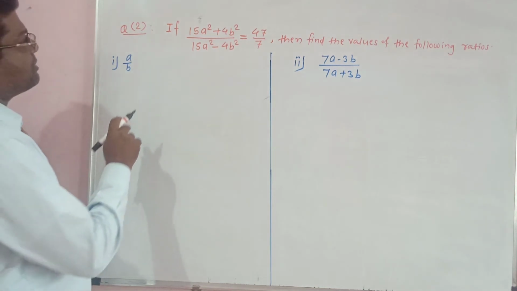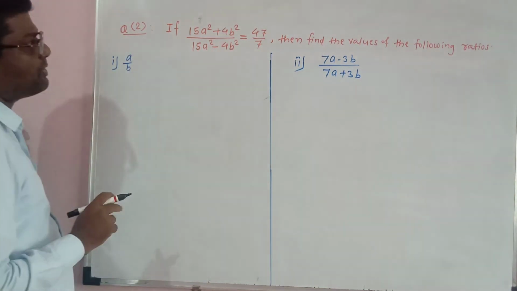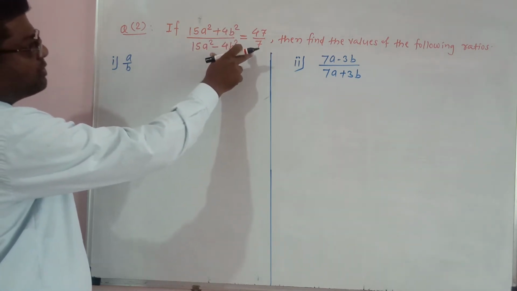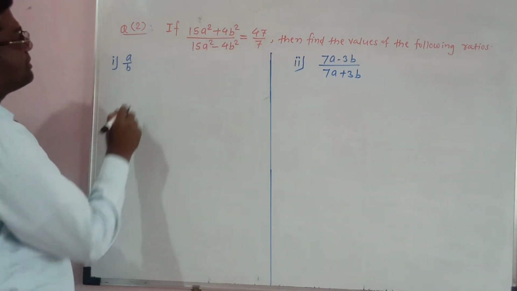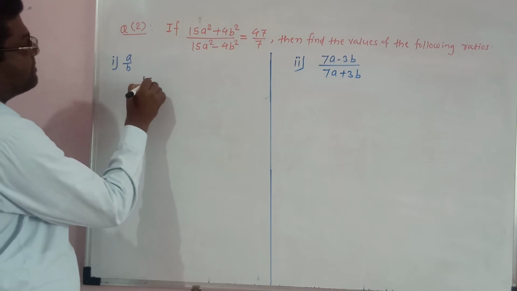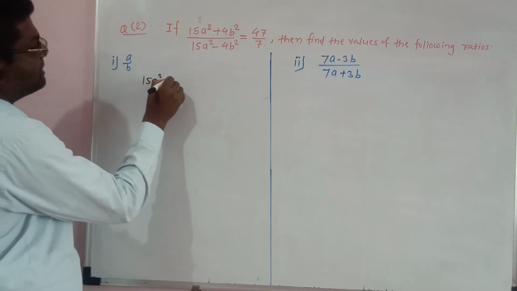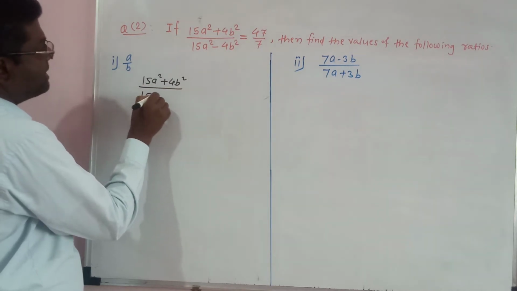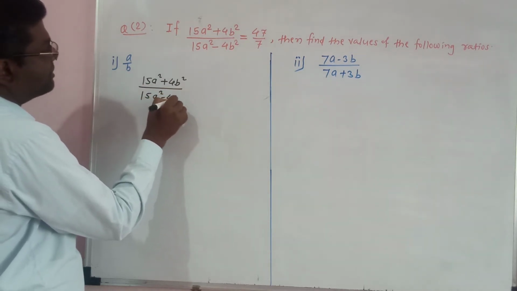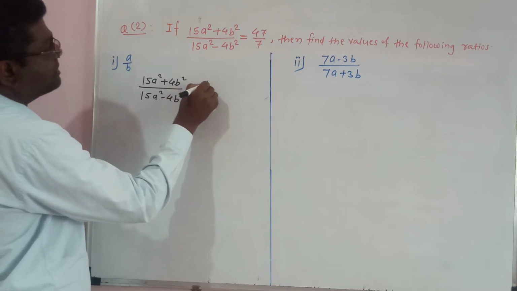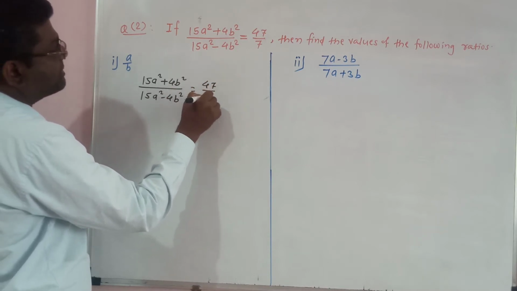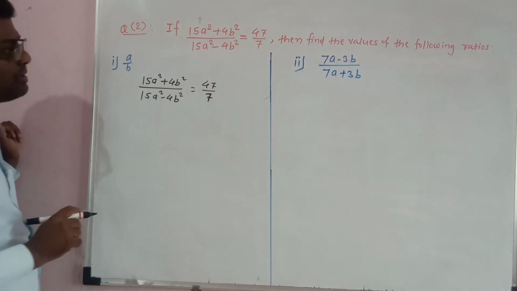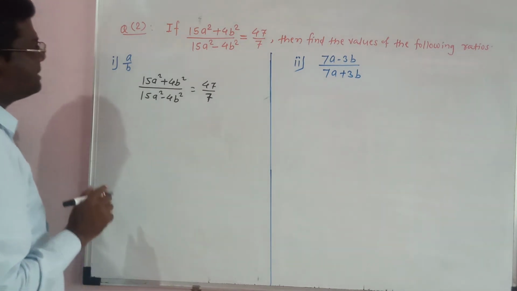So in order to find the value of a upon b, we take once again componendo dividendo for this ratio. So given ratio is 15a square plus 4b square upon 15a square minus 4b square is equal to 47 upon 7. Now take componendo dividendo on both sides.